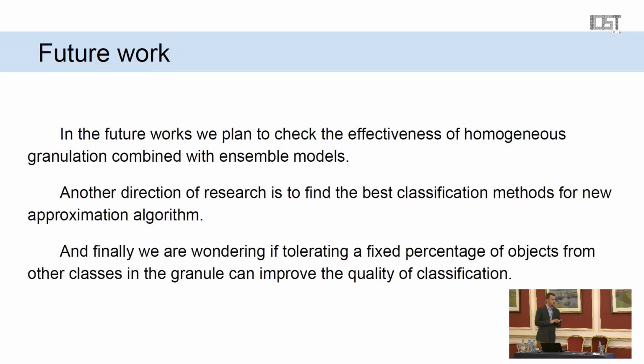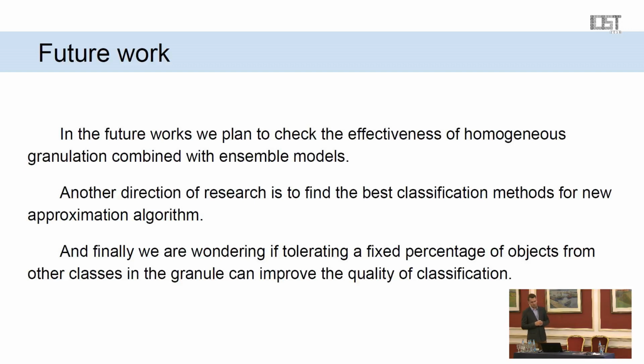So in our future work, we are planning to use other different classifiers, and we have already done some research using ensemble models, and the first results were about 2 or 3 percentage points better than the well-known methods such as boosting or bagging.